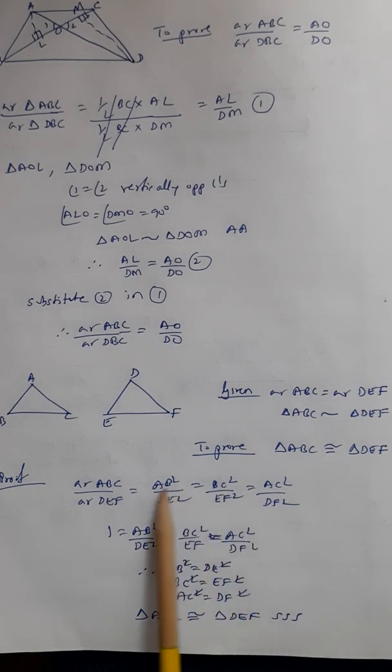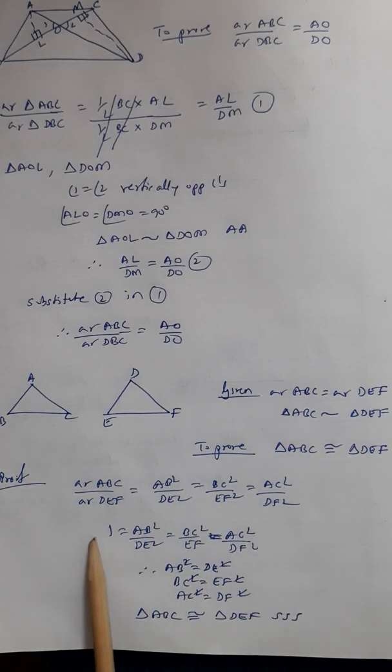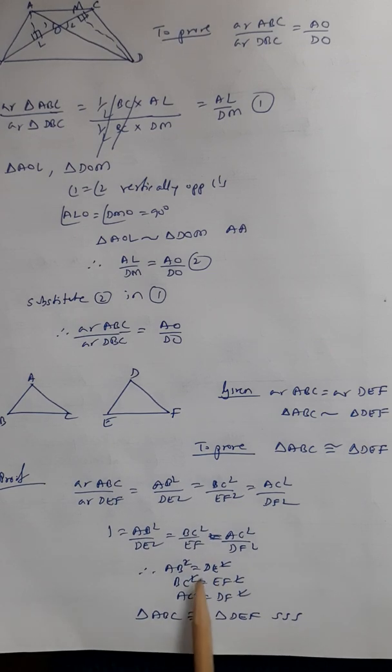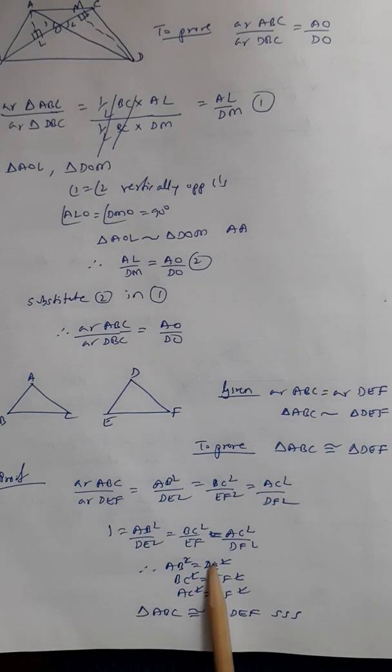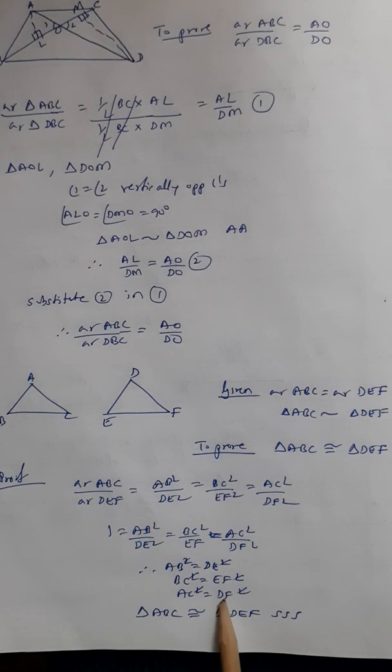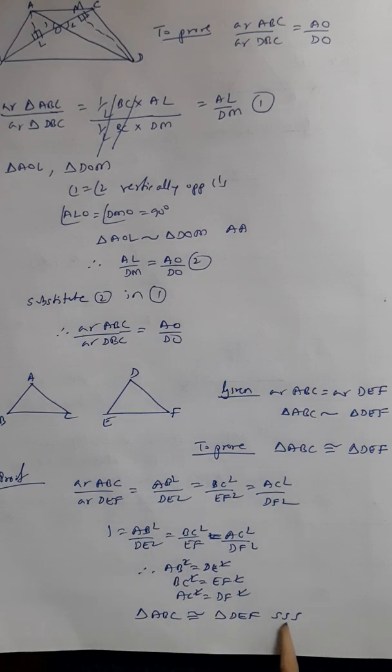And if the squares are equal, the number itself will be equal, so I am cancelling all the squares. So we get AB equal to DE, BC equal to EF, and AC equal to DF. Therefore, we can say the triangles are congruent by SSS, because all the three corresponding sides of the two triangles are equal.